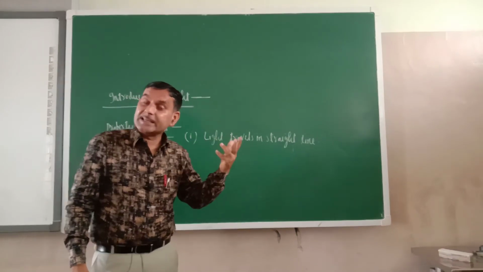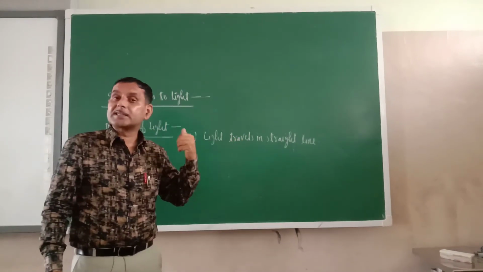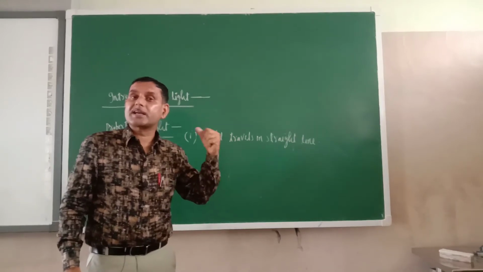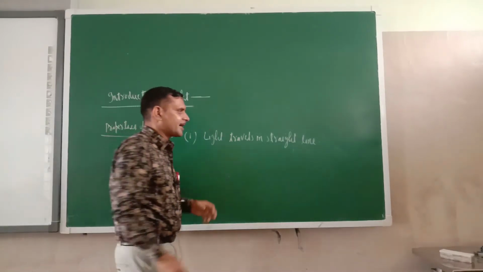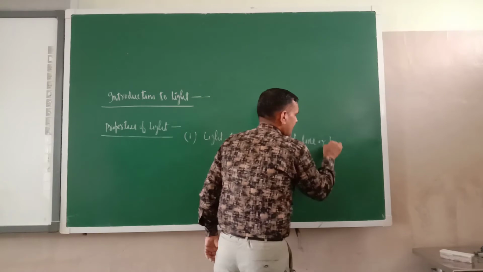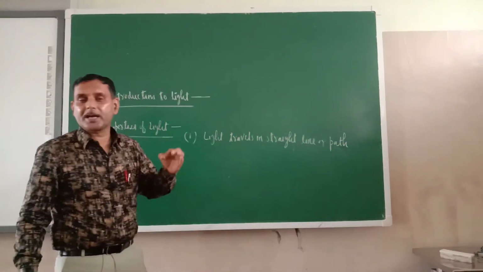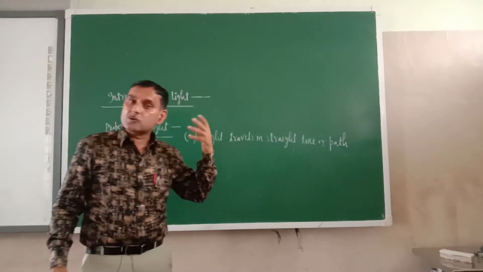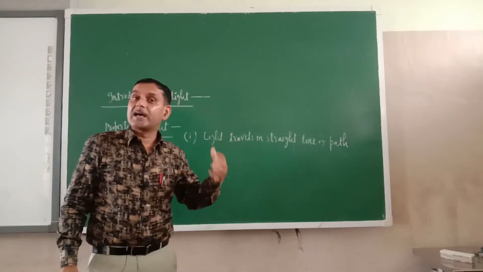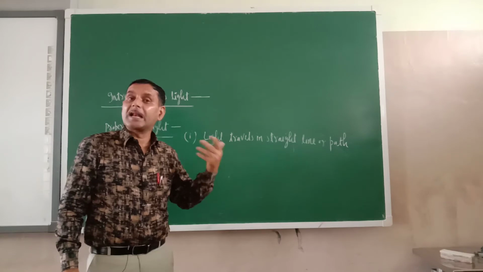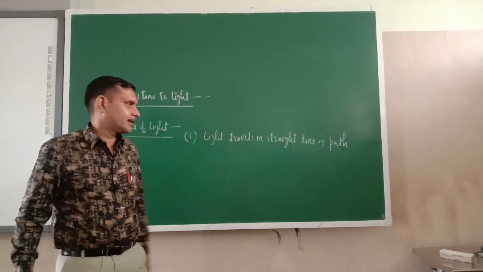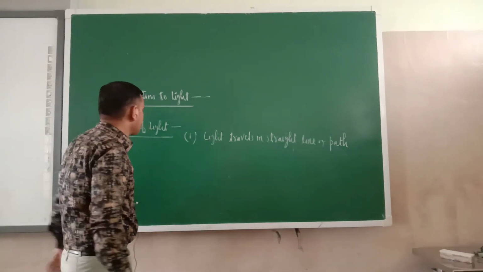No. So what does it indicate? It indicates that light travels in a straight line, a straight path. That is why with the help of a straight pipe we are able to see the burning candle, but with a bent pipe we are unable to see it. So this is the first property of light.